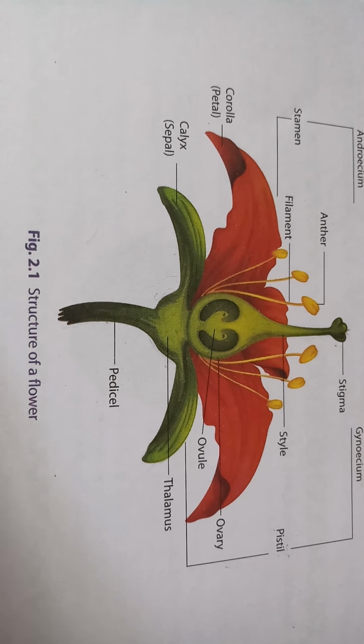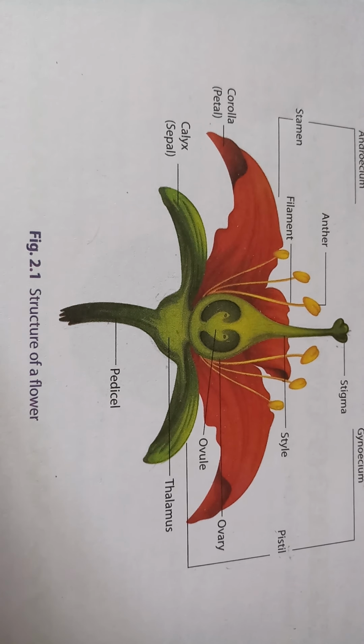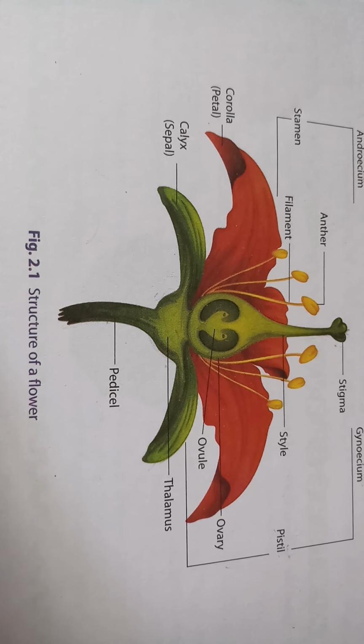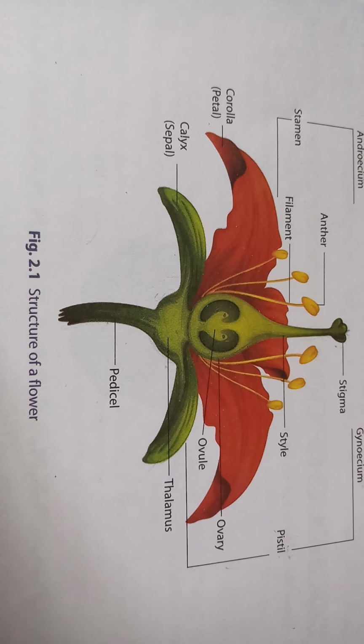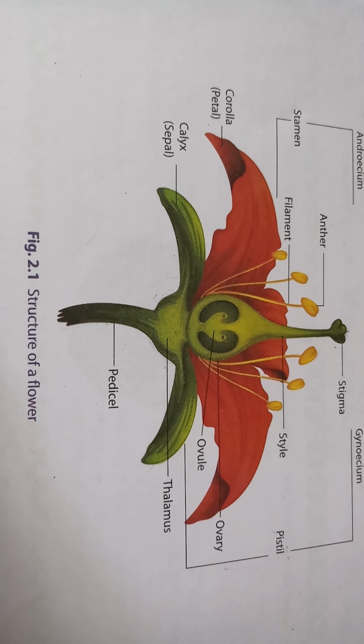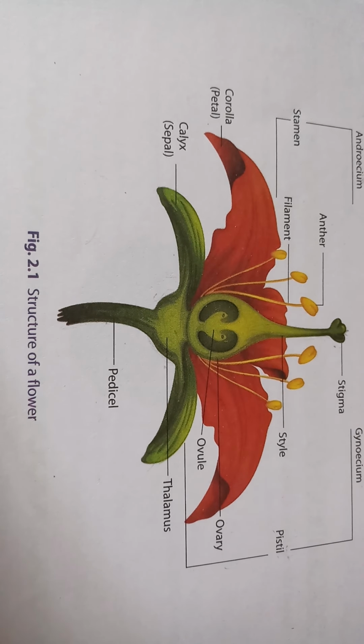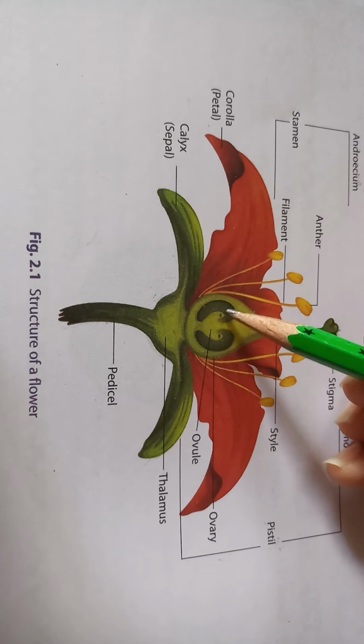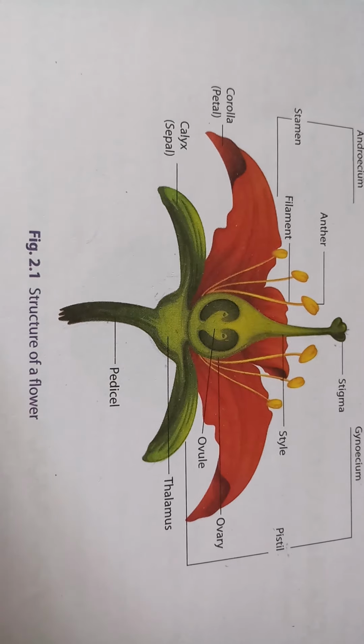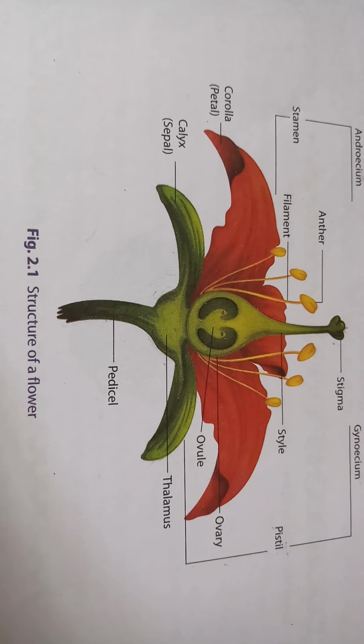So inside the ovary we have ovules, which later turn into seeds when the flower gets converted to a fruit. So these ovules are produced by the ovary.